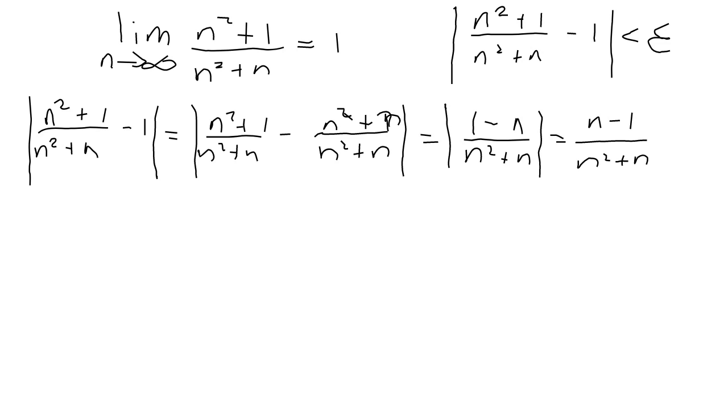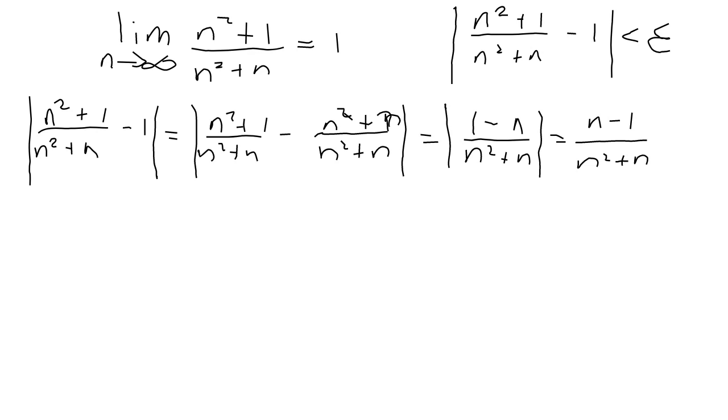To keep it positive, we take the absolute value. For example, if it was 1 minus 10 over whatever is down the bottom, it's a negative number over a positive number, so to make it stay positive, we flip it around. Just let me know if that makes sense. All right, no response means yes. Good.